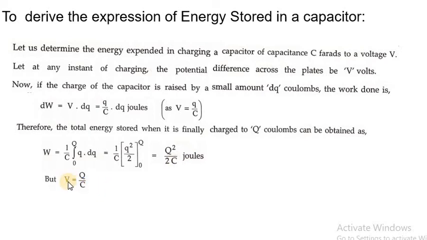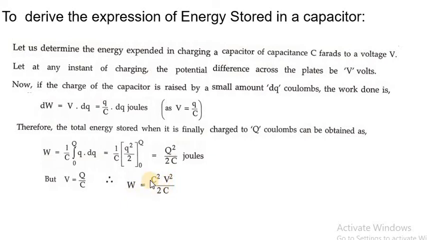Now, as V is equal to Q by C, I will replace Q in terms of V. Q will be CV, so Q square is C square V square. The total energy in terms of C and V is C square V square divided by 2C.